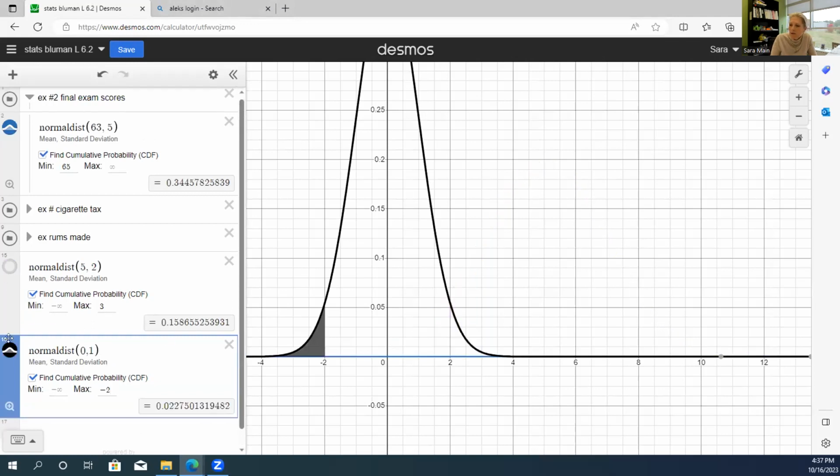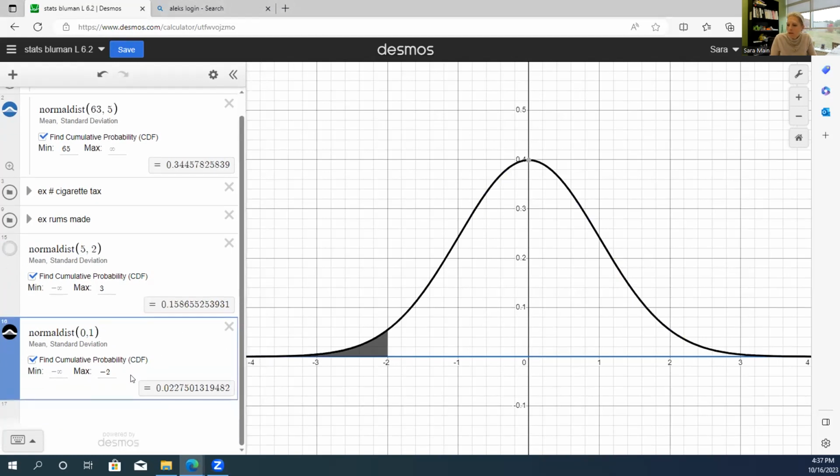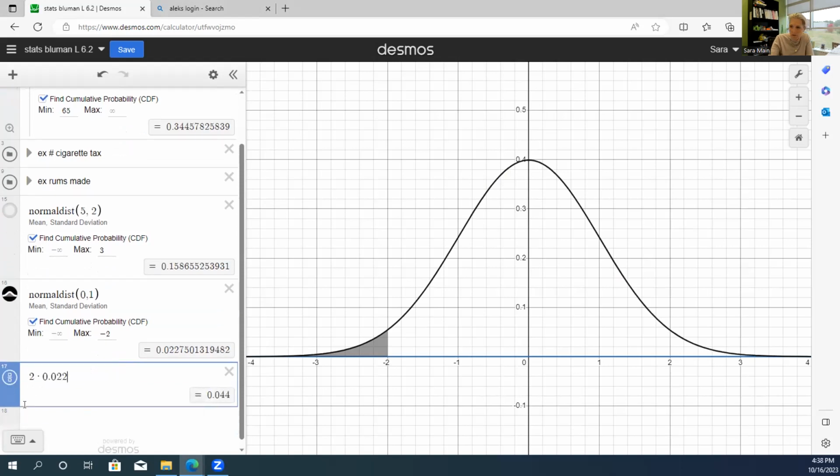The other one. And then it's twice that because they're identical. They're mirror images. So 0.02275, 0.02275. So 2 times 0.02275 is approximately 0.045. So almost 5%.